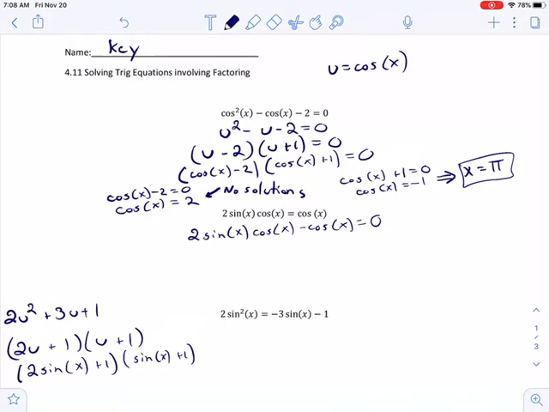On the left-hand side of my equation, what's common between the two terms that I see there? Well, cosine of x is common between those two. If I factor out a cosine x from both of those little mini expressions, I end up with cosine x times 2 sine x minus 1 equals 0.